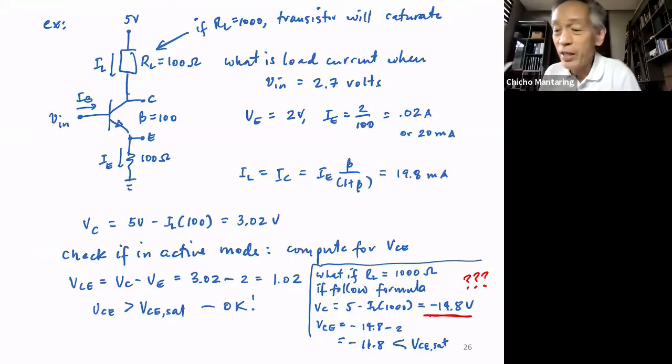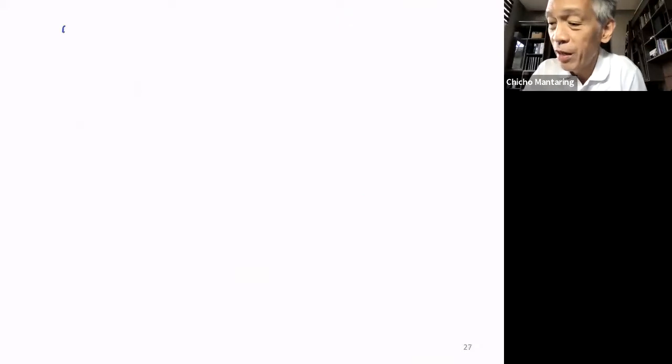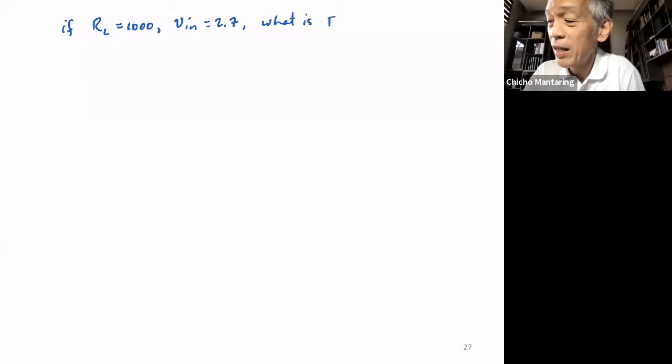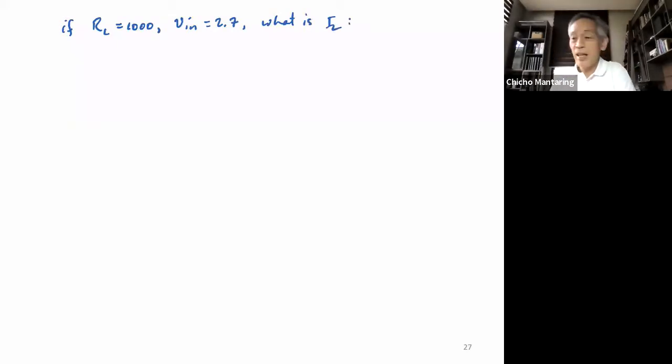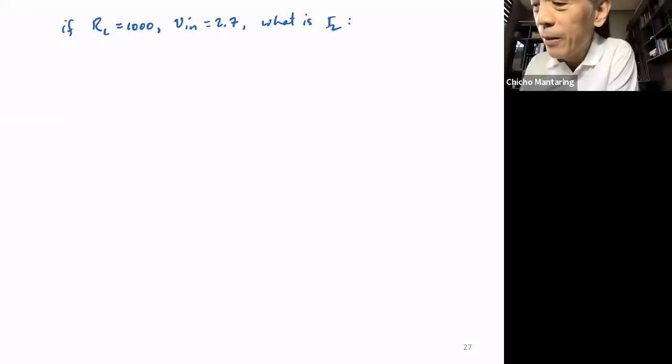So, question is this. What would be the true value of IL? If RL is equal to 1,000, Vin is equal to 2.7, what is IL? Okay.